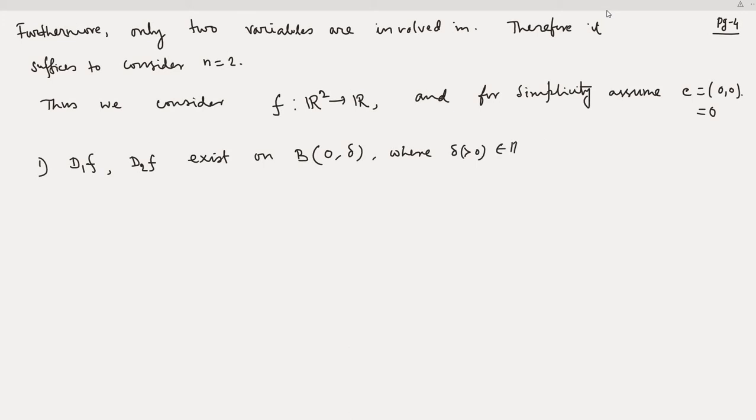And the second condition is D1 f and D2 f are differentiable at the point c, and c is equal to 0, where 0 is the ordered pair (0, 0).